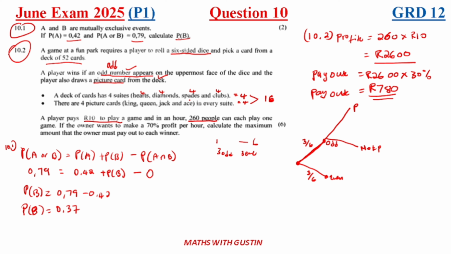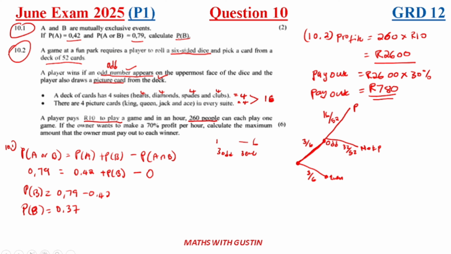A picture card in the deck of cards is going to be 16/52. And where there's no picture card, it is just going to be 52 minus 16, which gives us 32/52.